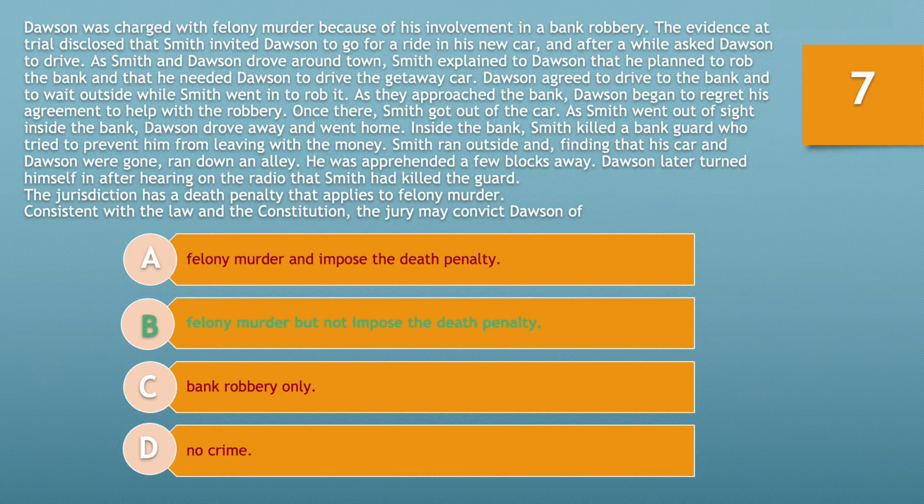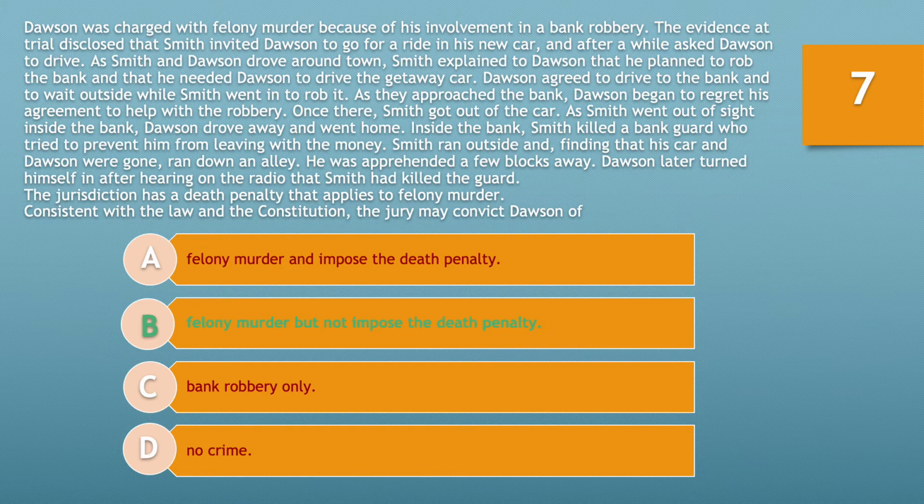The Supreme Court has further ruled that a defendant convicted of felony murder cannot be sentenced to death if they didn't take a life, attempt to take a life, or intend to take a life. So as a result, B would apply here because there wasn't sufficient notice of the abandonment of the crime, and as a result of the Supreme Court decision, the death penalty would not apply because the individual fled prior to the commission of any actual crime here on the part of the passenger.